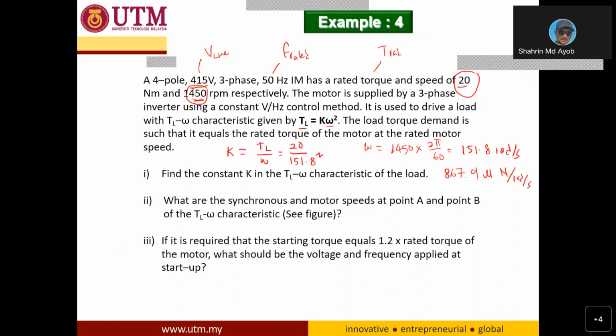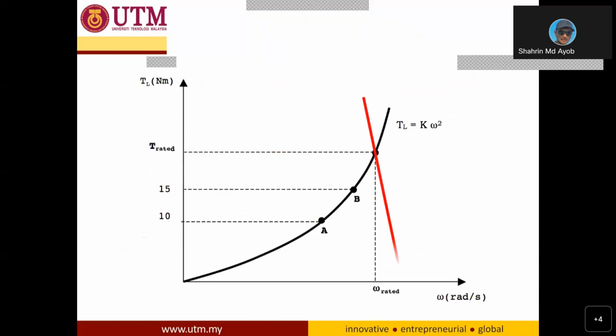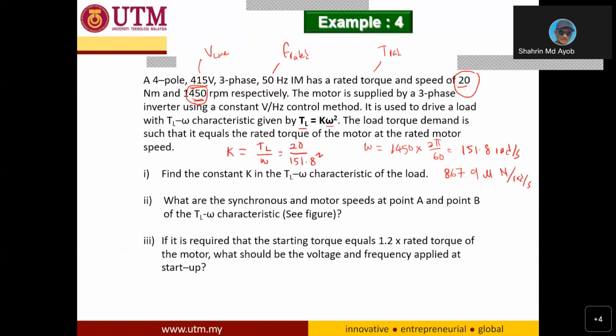Okay, second question. What are the synchronous speed and the motor speed at point A and point B of the torque load characteristic? See figure. Okay, this one. Ni. A and B. Dia suruh cari apa? Synchronous and motor speed.